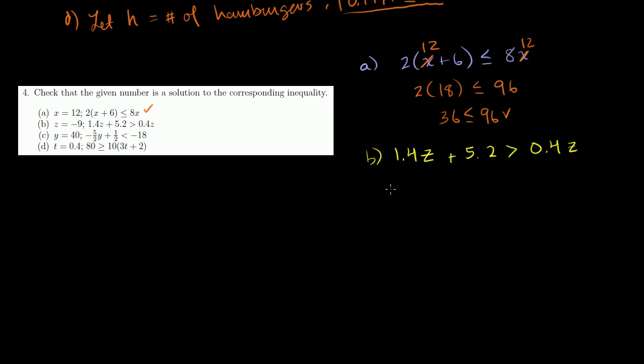So let's put a negative 9 here. So it's 1.4 times negative 9 plus 5.2 is greater than 0.4 times negative 9. And I'm just going to use the calculator on this one, just for the sake of time. You could do that in your head if you like.